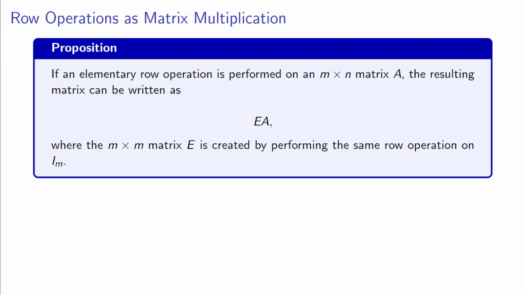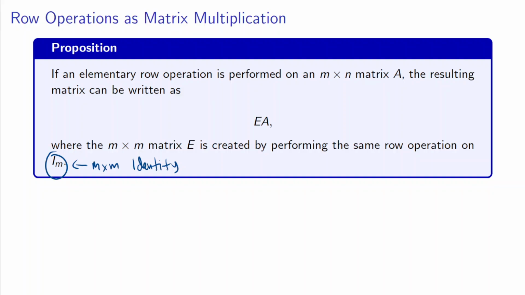So a proposition here: if an elementary row operation is performed on an M by N matrix A, the resulting matrix can be written as EA, where the M by M matrix E is created by performing the same row operation on I_M. Just as a reminder, this is the M by M identity. So let's take a look at some examples.